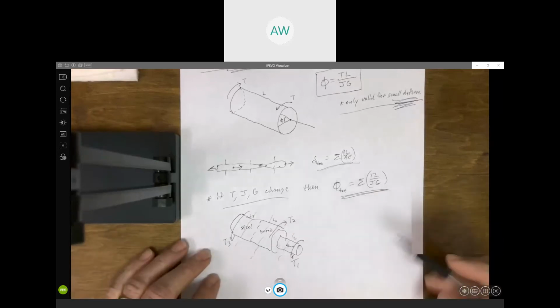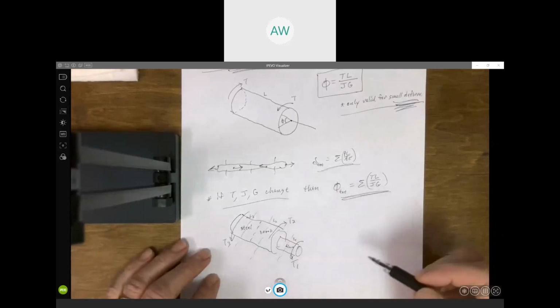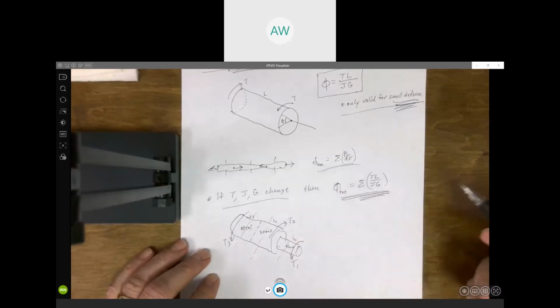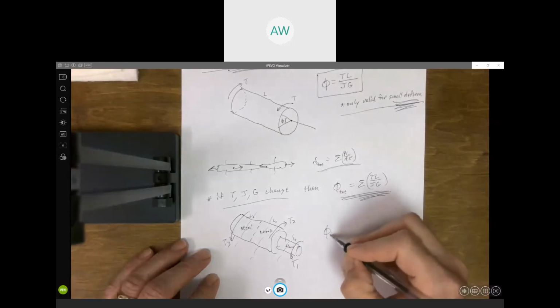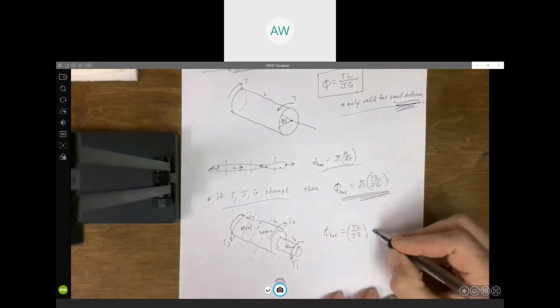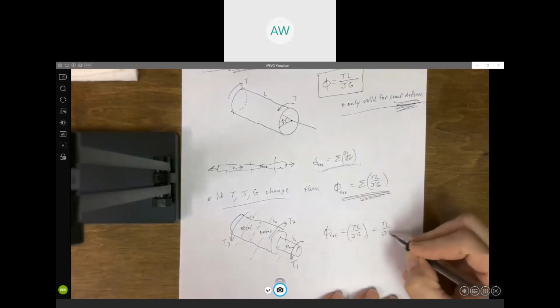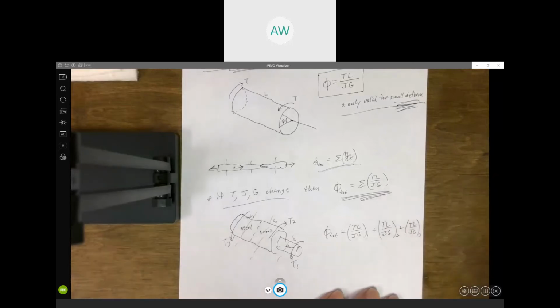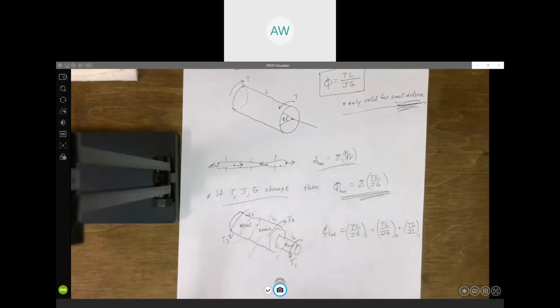G is a material property. So to get the total deformation for something like this, you're going to have to do TL over JG for section 1, TL over JG for section 2, and TL over JG for section 3. You have to get the angle of twist for each section and add those up.